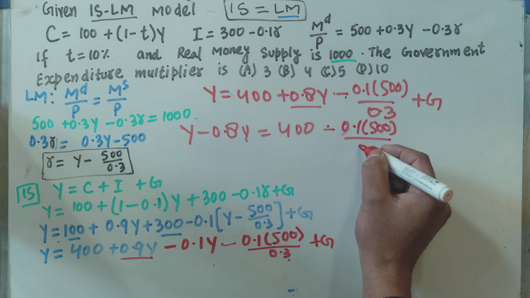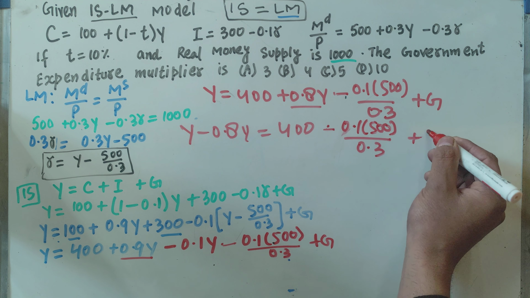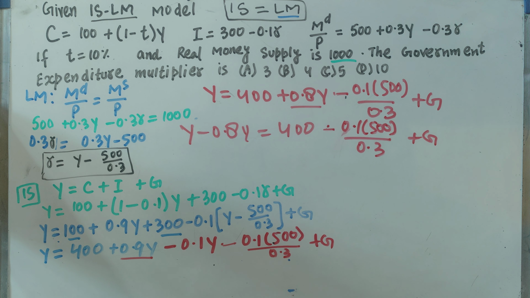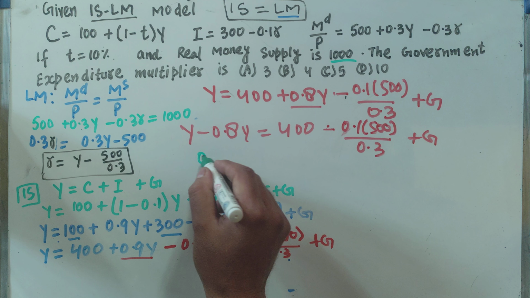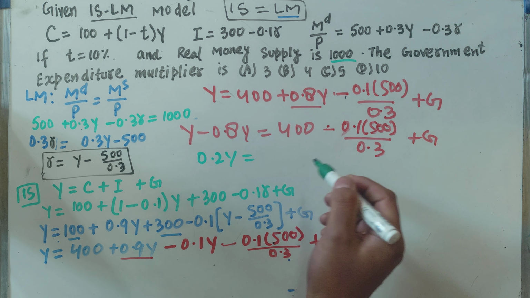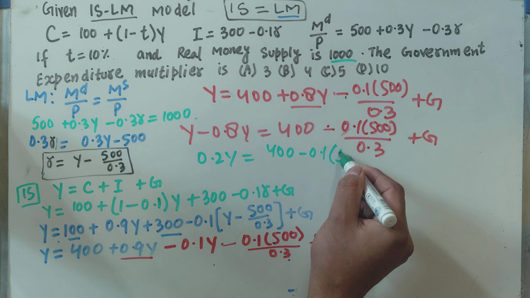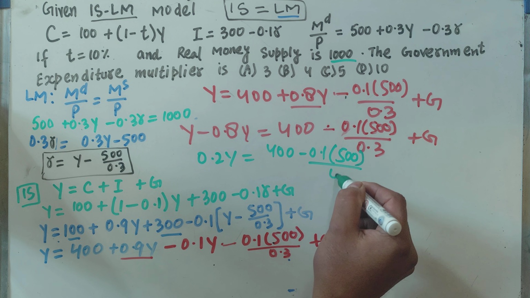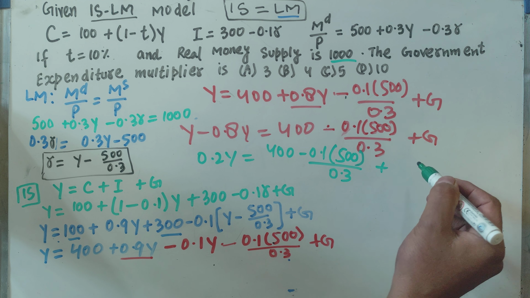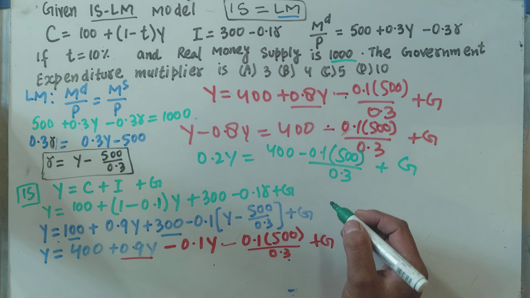You can solve it, but I don't have the calculator here, so I am taking it as it is. So Y minus 0.8Y is 0.2Y, which is equal to 400 minus 0.1 times 500 divided by 0.3 plus the government expenditure.